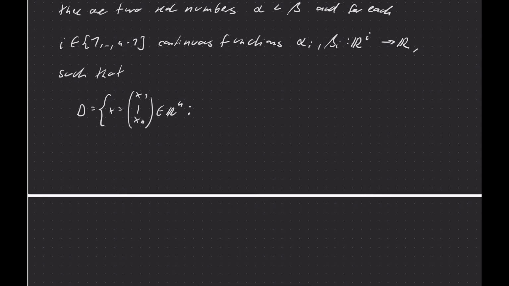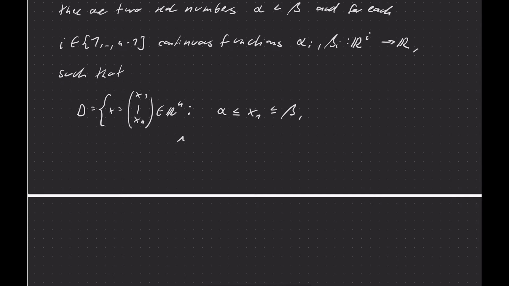First we want alpha is less or equal to x1 is less or equal to beta. So our two real numbers restrict the value of the first coordinate of that set. Also, the functions now restrict the values of the further coordinates, depending on those that we already have.